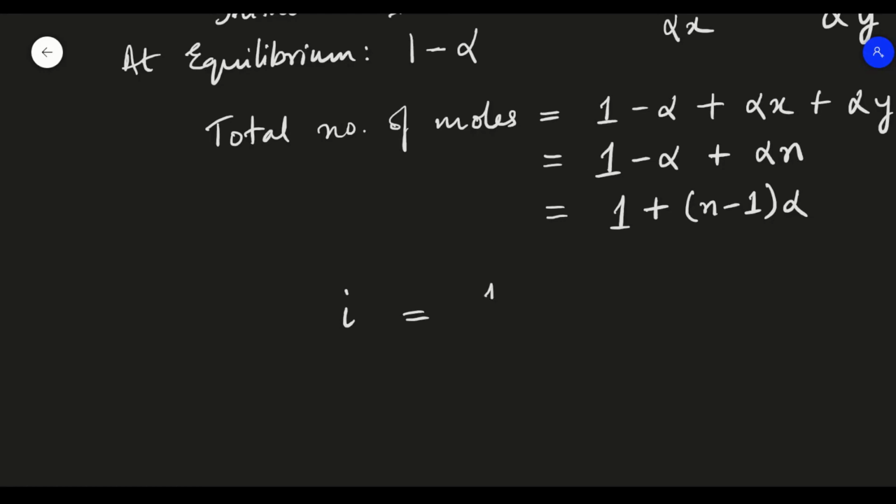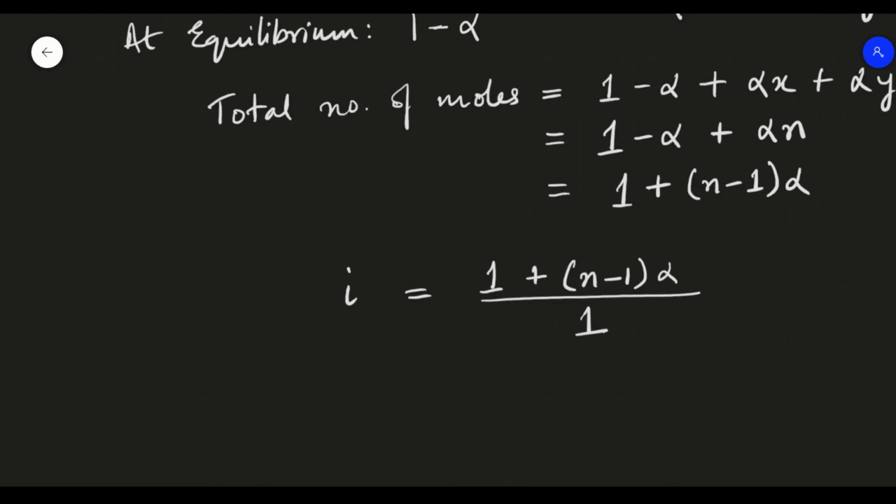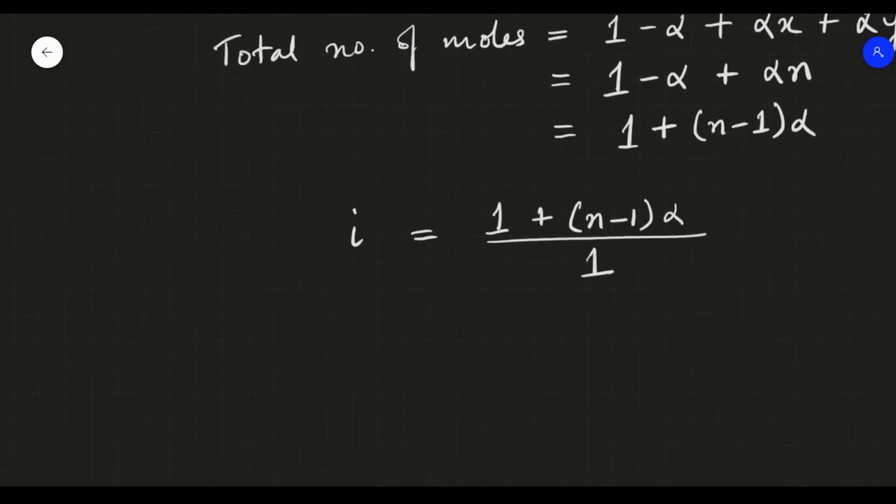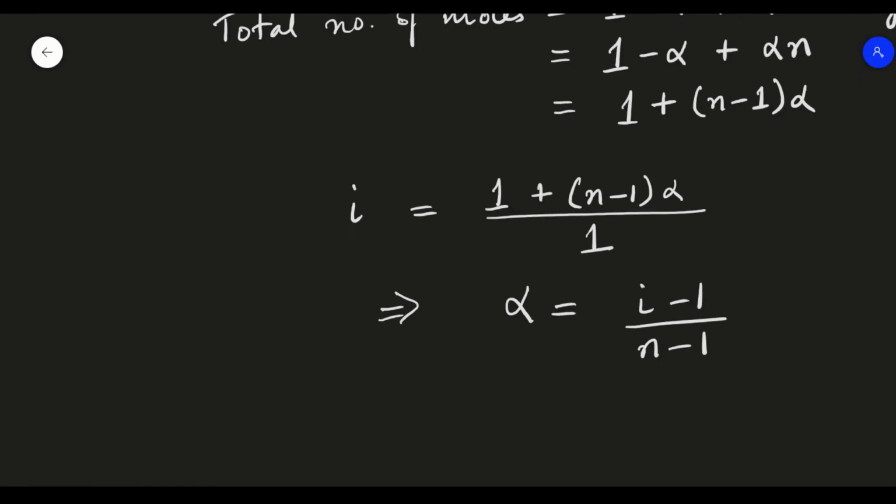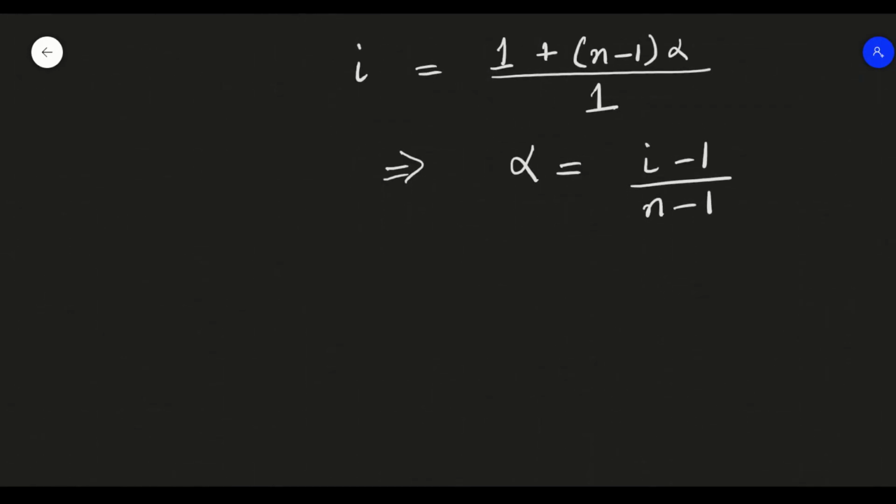So the observed colligative property will be equal to 1 plus (N minus 1) into alpha, and the theoretical value of colligative property would be equal to 1. Now since we have taken 1 mole of the electrolyte before dissociation, this implies that alpha is equal to (i minus 1) divided by (N minus 1). So this is called the degree of dissociation.